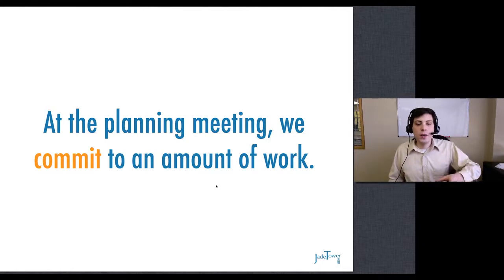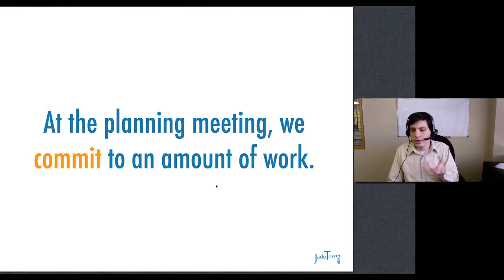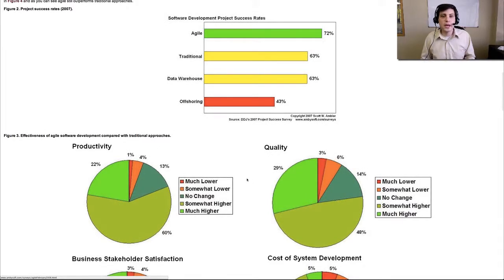And so by doing this, by going through this process, I want to take a look at why this is better. Why would this work not only as a conceptual level, but in terms of strict numbers? So this is some data that has been gathered specifically for pitting agile processes versus traditional or waterfall models.